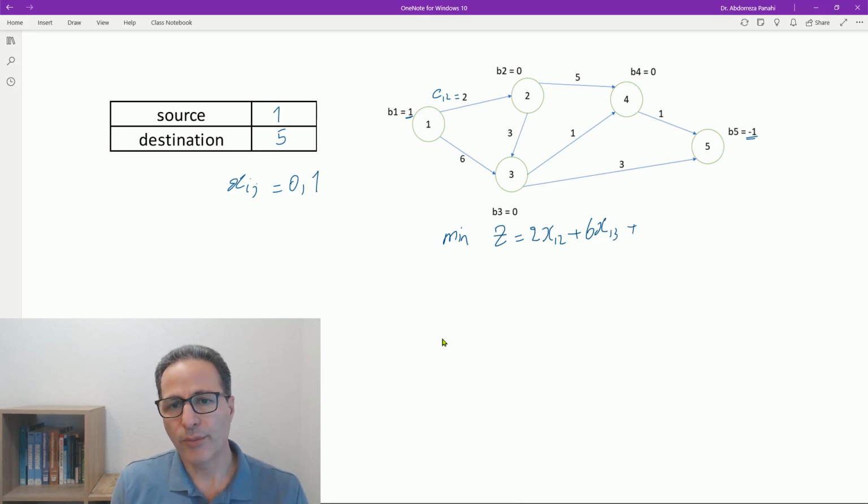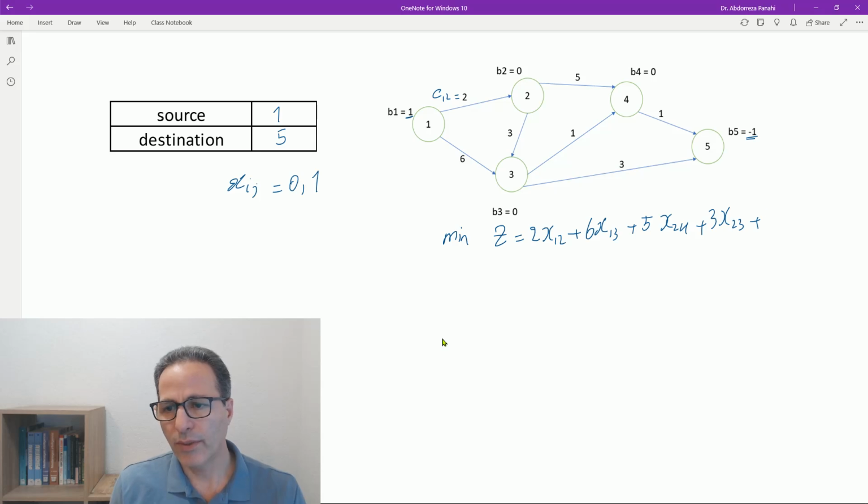And then we start from 2. We can go to 4 by cost 5 times x24, plus 3 times x23 plus.